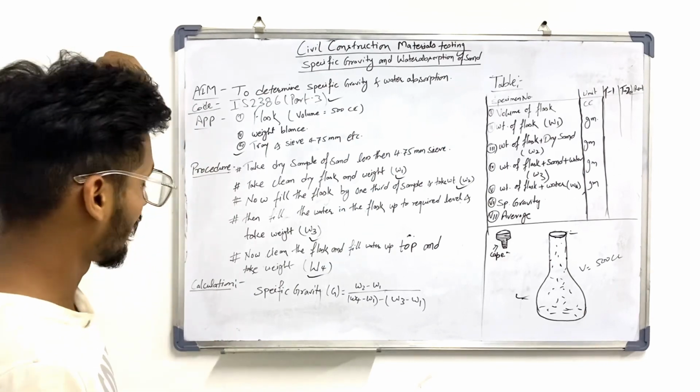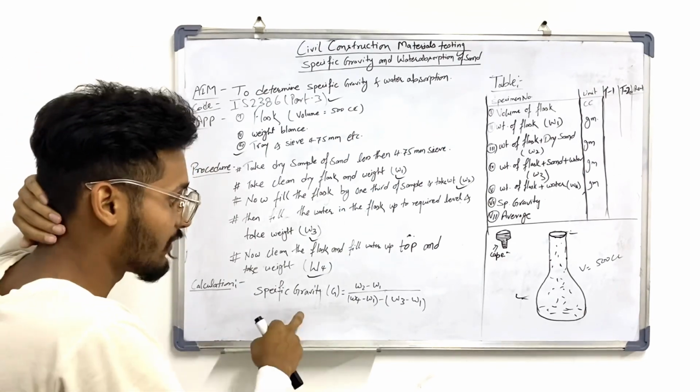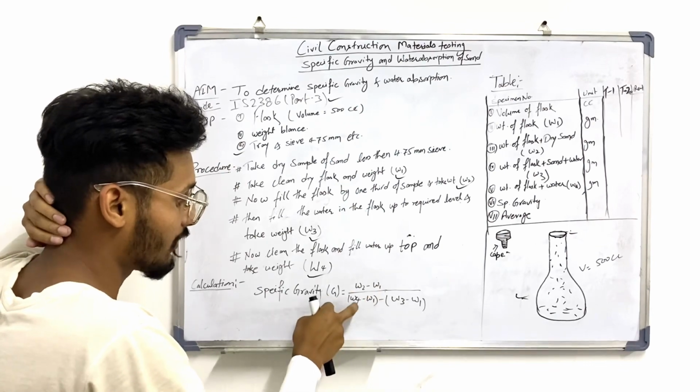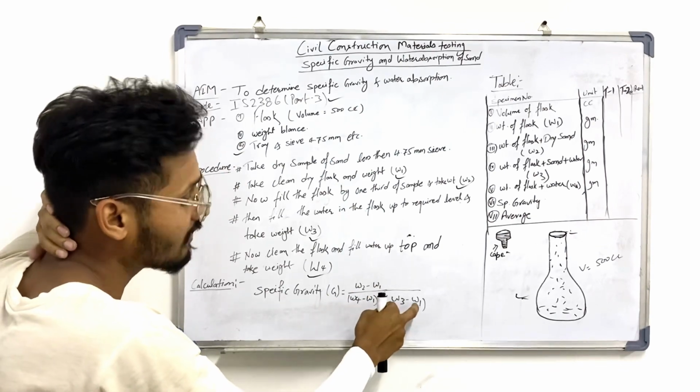Now we have the calculation formula: specific gravity equals (W2 minus W1) divided by [(W4 minus W1) minus (W3 minus W2)].